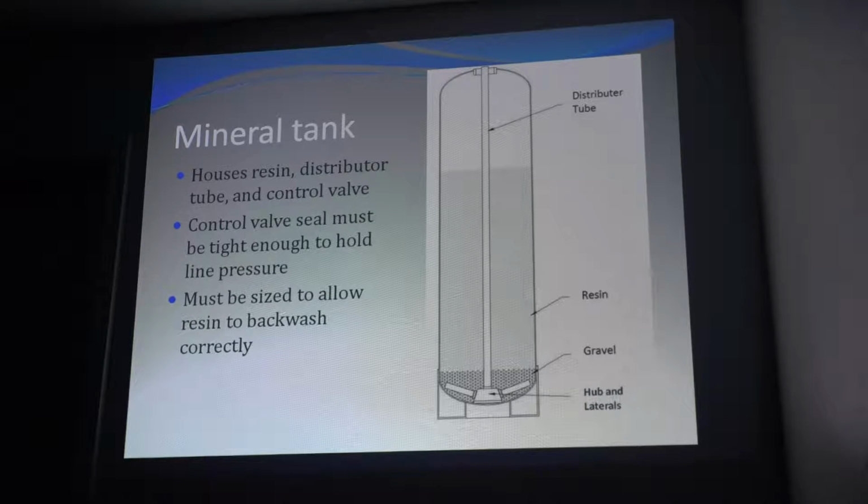If you have 20 inches of resin, we need to deliver enough backwash flow to lift that resin bed by 50%, which is 10 inches. So we need a 30-inch tank to house 20 inches of resin. Okay?